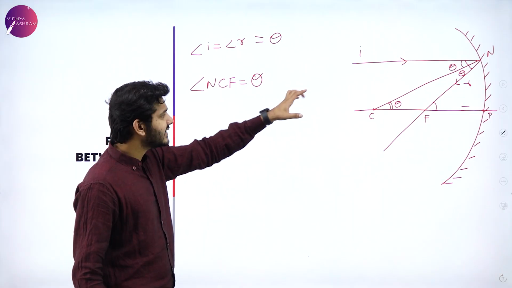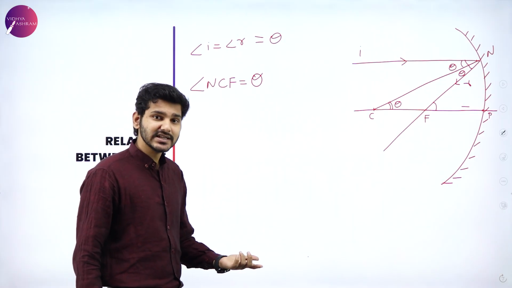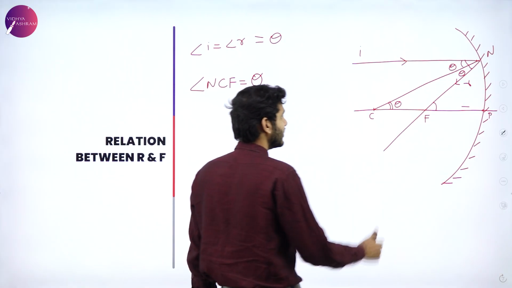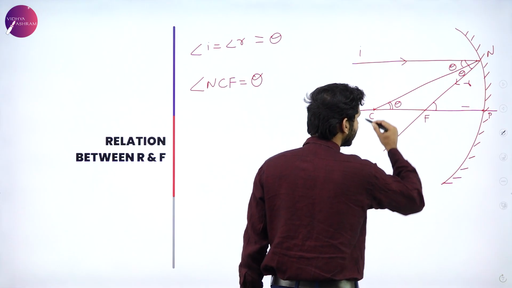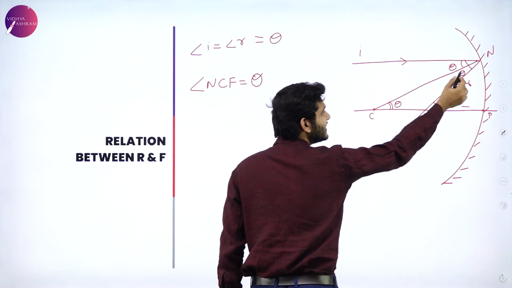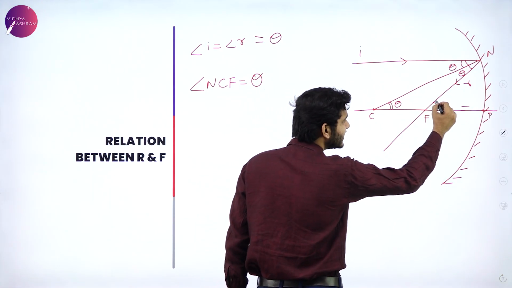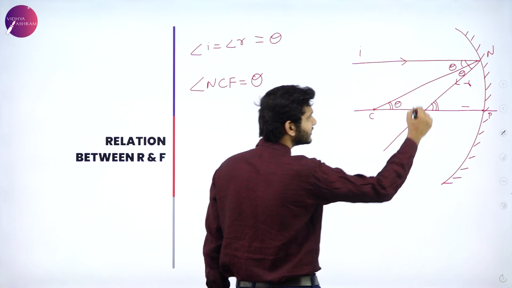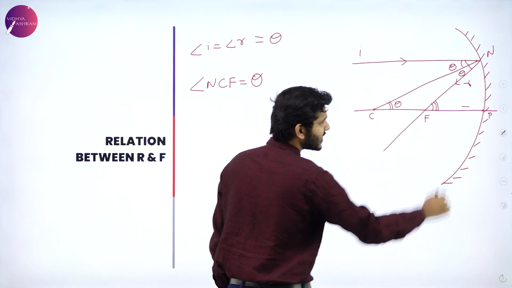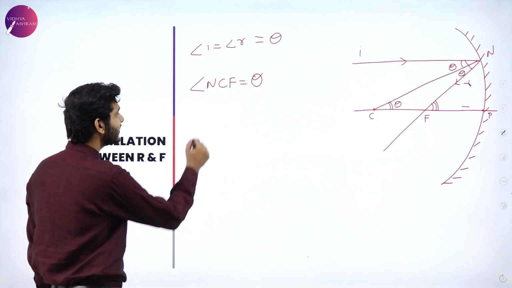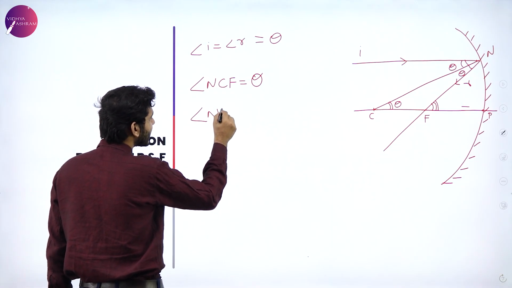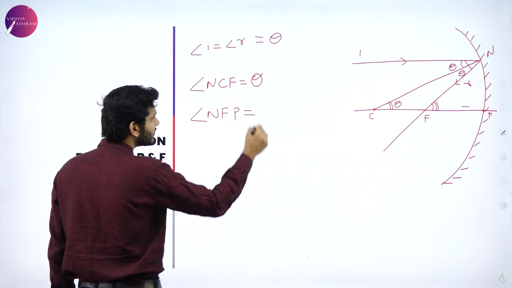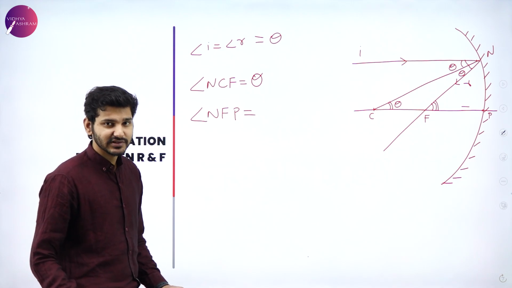Since NCF is equal to theta, in this particular triangle there is theta and theta, which means this particular angle, that is angle NFP, will be equal to, it's very simple.